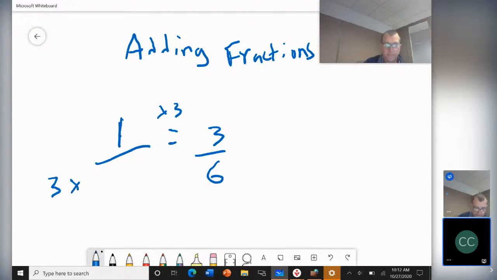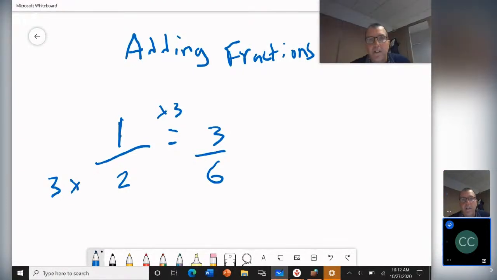We know that's 2. So 1/2 is equal to 3/6. Sometimes they're going to give you a fraction with a missing number, and you just have to apply the same principle: whenever you multiply the numerator, the top number, you multiply the bottom.